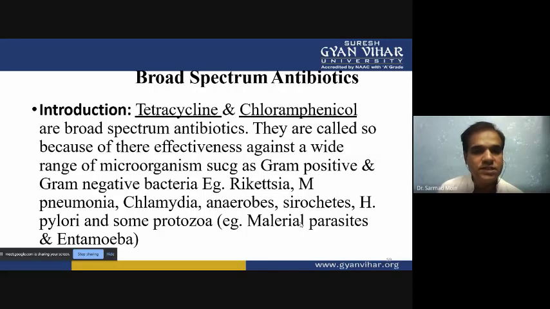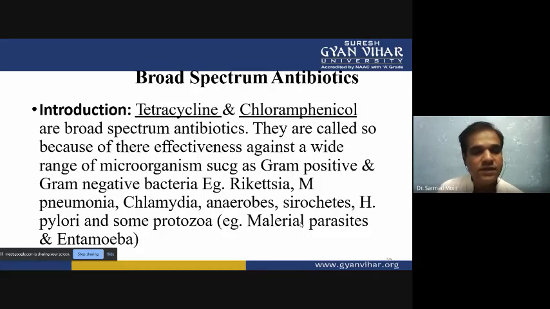The first ones are tetracycline and chloramphenicol, and they are broad spectrum antibiotics. We are still using these antibiotics, and we have multiple types, from first generation to fifth generation. They are called broad spectrum because they are effective against a wide range of microorganisms, like gram positive bacteria and gram negative bacteria.